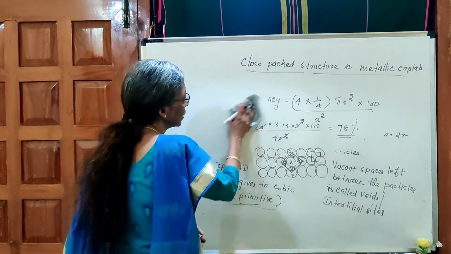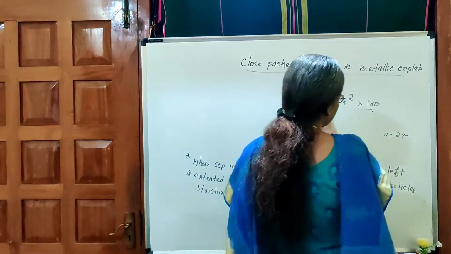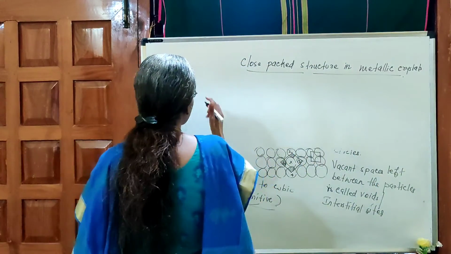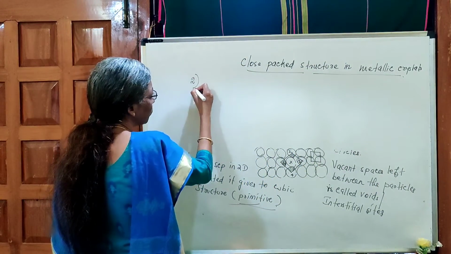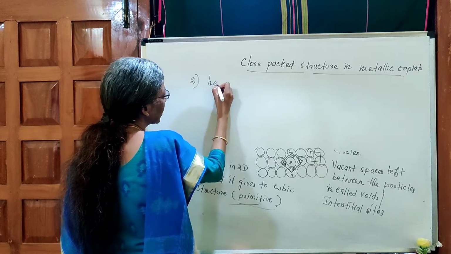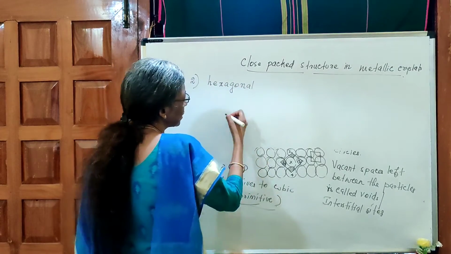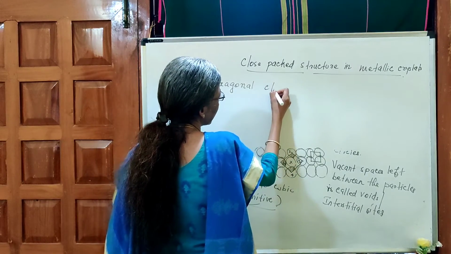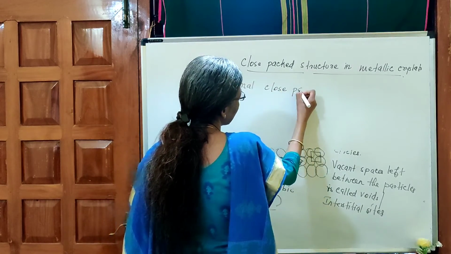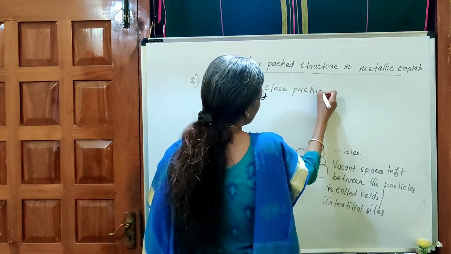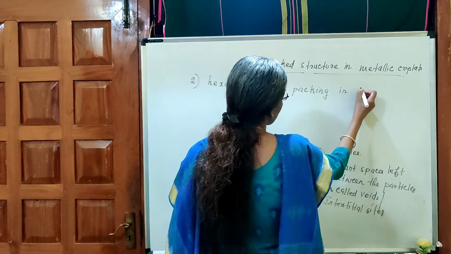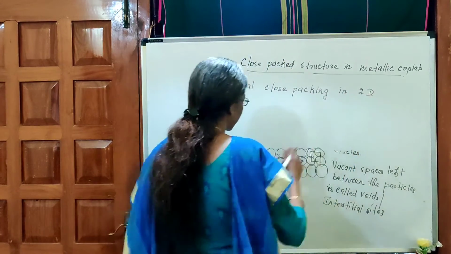Okay, then the second one is hexagonal close packing. Next one is hexagonal, number 2. This is also 2 dimension hexagonal close packing. Close packing in 2 dimensions.